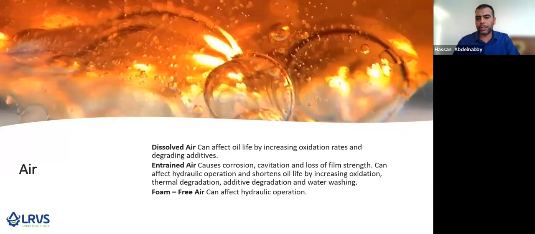Entrained air can create cavitation, cause corrosion, or even increase oxidation, and this could lead to thermal degradation. Also, when you leave it more than the amount that can be trapped inside the oil, it can become free air or foaming, affecting the level of the tank and giving you even more problems in the oil.